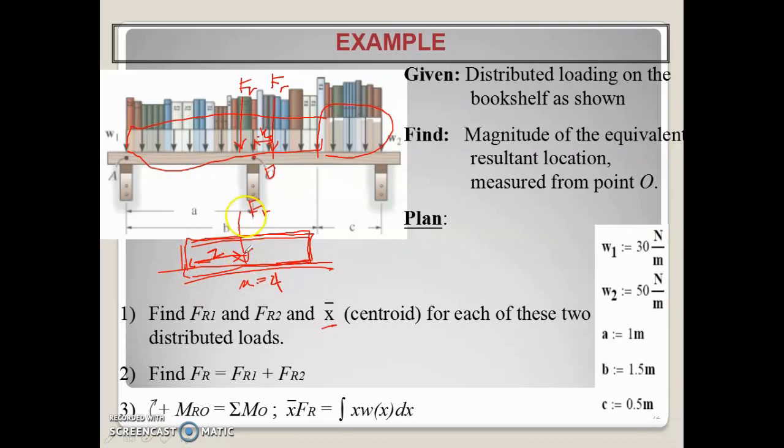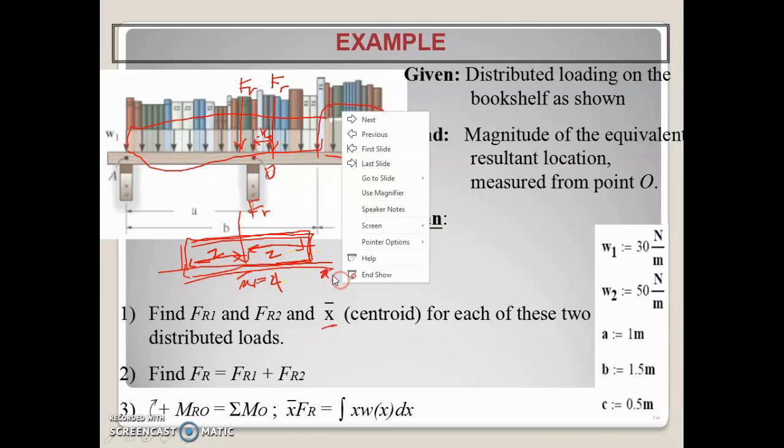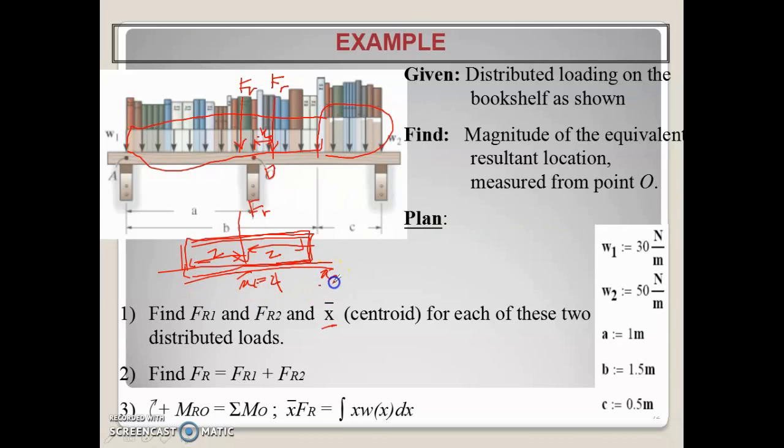So at the center, this is 2 and this one is 2. So you need to find x1 and x2, for this one and for this one.